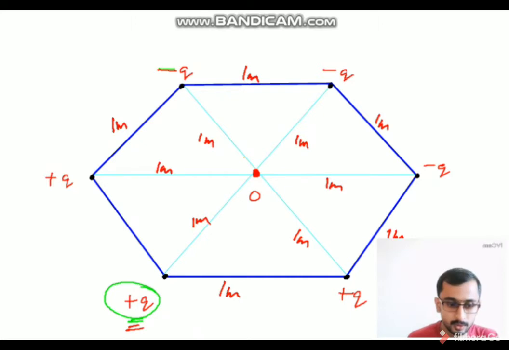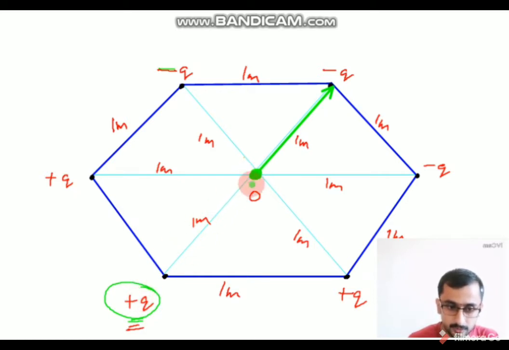Therefore the direction of electric field due to this charge at this point will be along this direction, because a smaller positive charge is kept at this particular point.